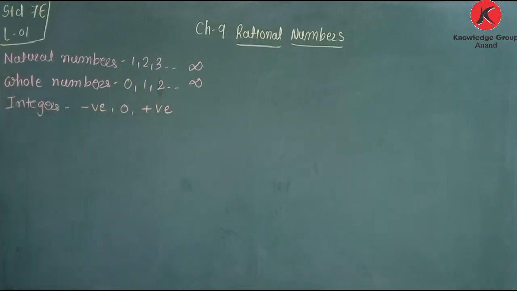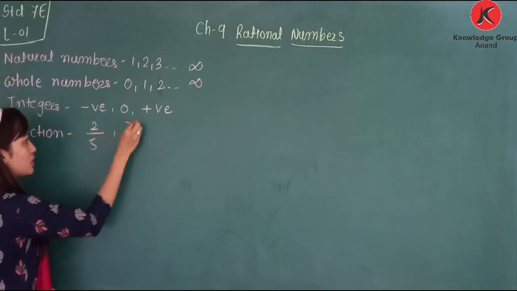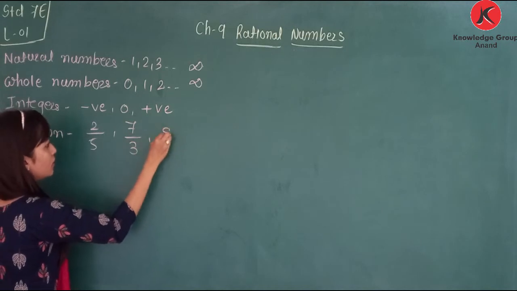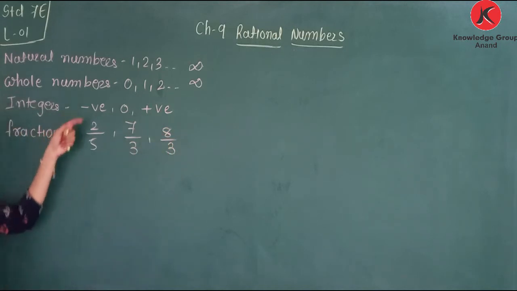After that we also learn about the fraction in the second chapter. Also we learned fraction from the 5th standard. So fraction means it is a kind of numerator and denominator form like 2 by 5, 7 by 3, 8 by 3. So these are the fractions. Here numerator and denominator.